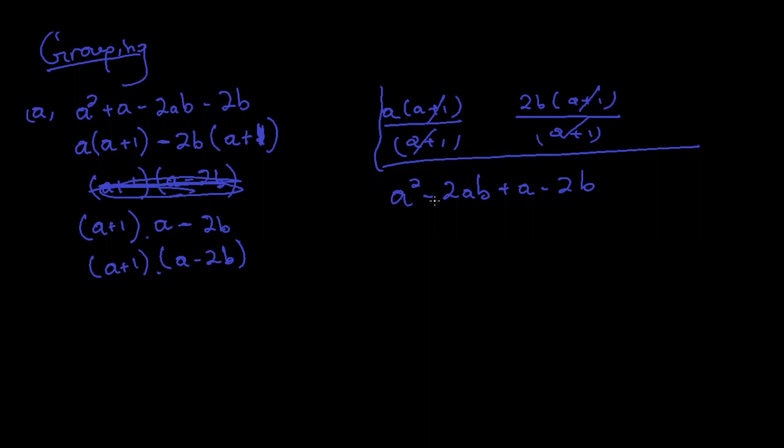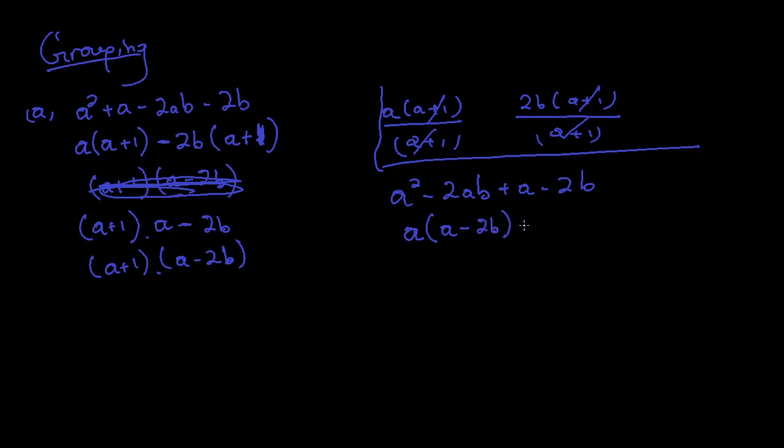So here, I grouped them differently. I'm going to take the a out as a common factor. a is common here and here. So I'm going to take out the a, then I'm going to be left with a minus 2b.